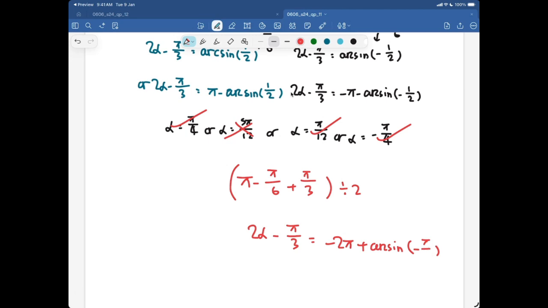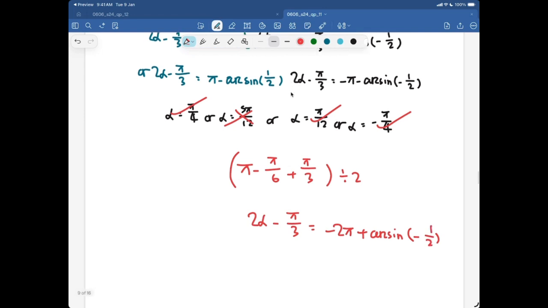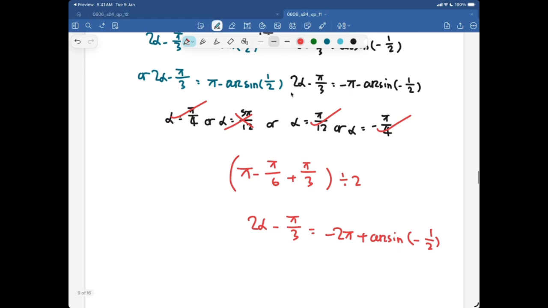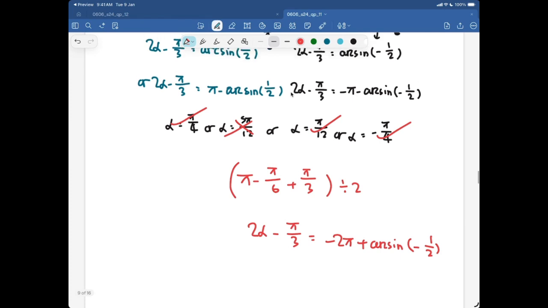Oh, sorry, arc sine negative 1 over 2. So I'm just very confused over here. How did I get this solution?